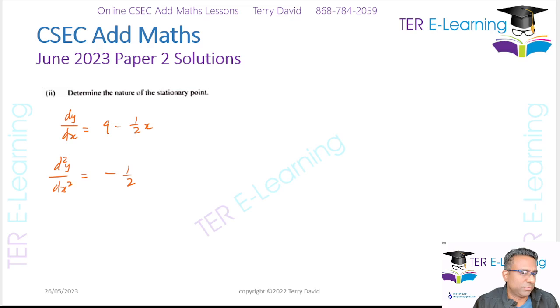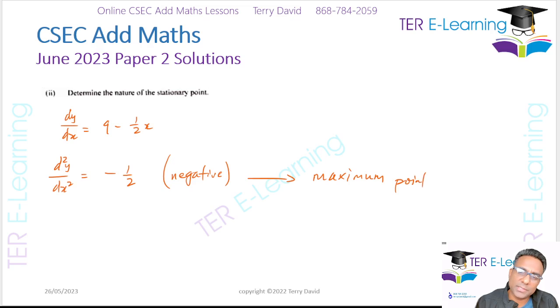So the fact that we get a negative value, we're not concerned about the actual value, but we got a negative value here. So since d2y dx squared is negative, this is going to correspond to a maximum point. Right? So maximum point, since d2y dx squared is less than 0, not greater than, less than. So it's negative, so it's a maximum point.